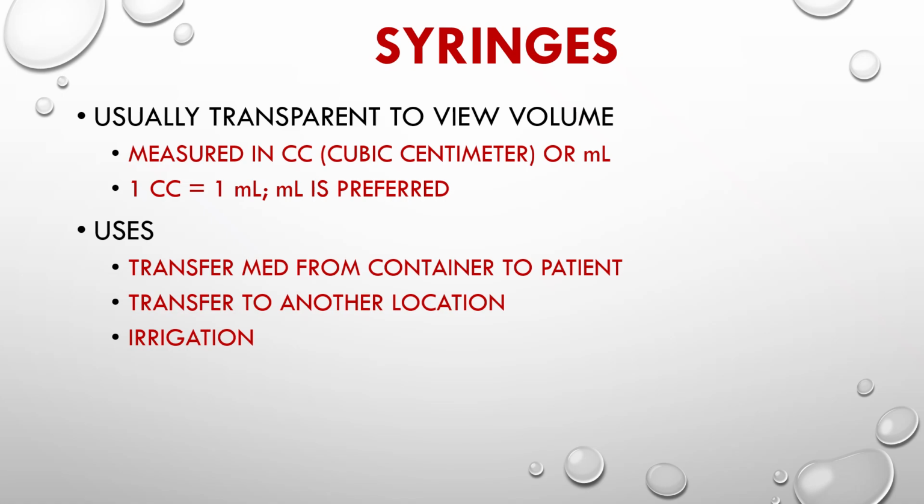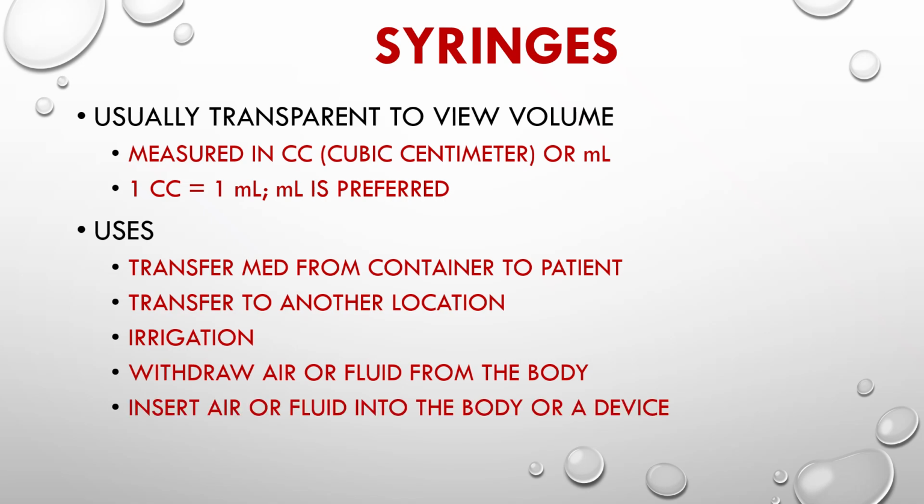Using it for irrigation, so just washing out or flushing a tissue. Withdrawing air or fluid from the body. Inserting air or fluid into the body or some type of device, kind of flushing out tubing, for example. So these are sterile and most are disposable that you'll come in contact with, though they do make reusable syringes.